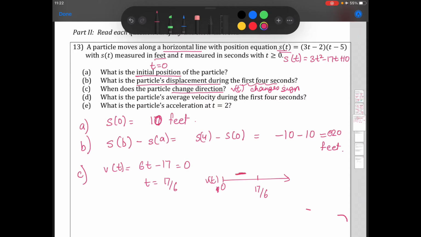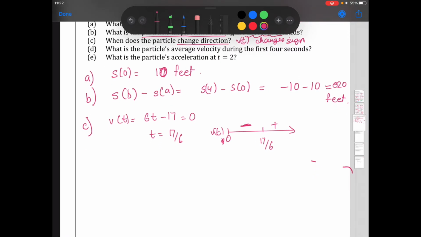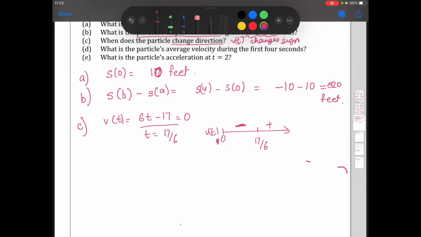And if I pick a number greater than 2.1, I do get a positive number here. Let's say I pick 3. 6 times 3 is 18 minus 17 is positive. So it's changing signs at t equals 17 over 6. You must always check with your number line because not necessarily the signs always change, so you must check them.